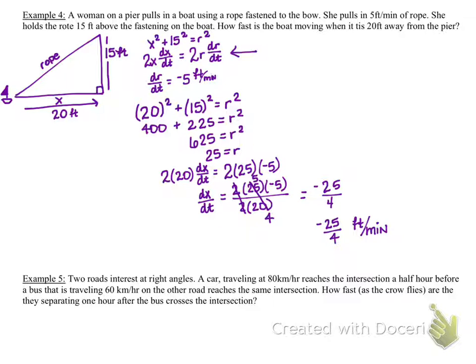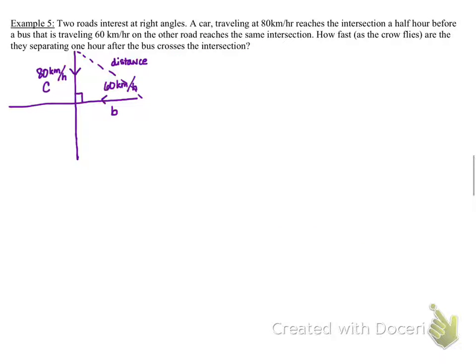Okay, example 5. Now we really need to think this through. We have a car traveling at 80 kilometers per hour that reaches the intersection a half hour before the bus traveling 60 kilometers per hour on the other road reaches the same intersection. How fast, as the crow flies, are they separating 1 hour after the bus crosses the intersection?